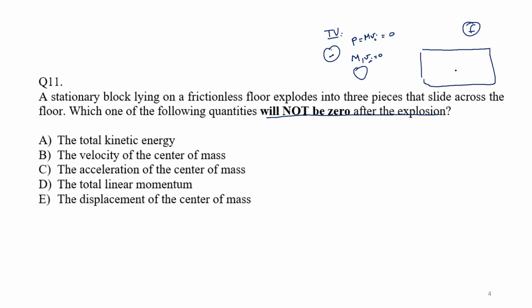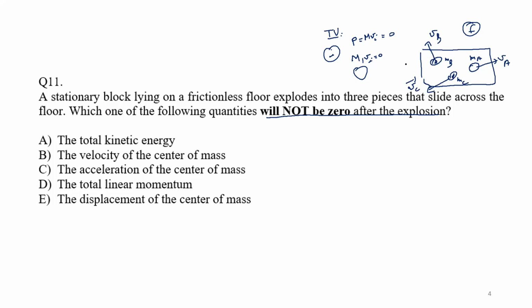Now it explodes into 3 pieces. I have piece A of mass A, which has a certain velocity VA, and I have piece B of mass B that has a certain velocity VB, and then I have piece C of a certain mass, which has a certain velocity VC.